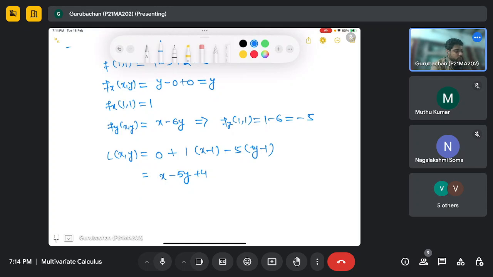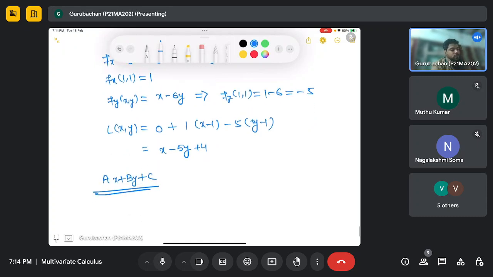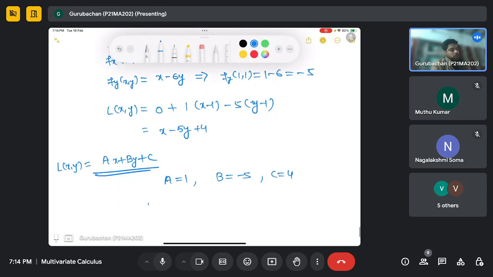So let us move to the next step. We have been given some ax plus by plus c type linearization form. So comparing these two, you will get the value of a as 1, b as minus 5, c as 4. So the sum of a plus b plus c is 1 minus 5 plus 4, which is 0.